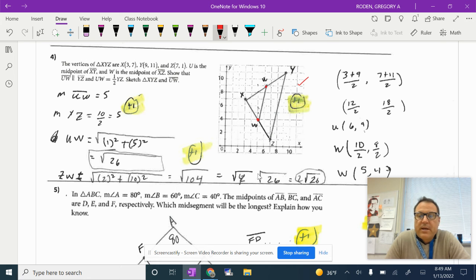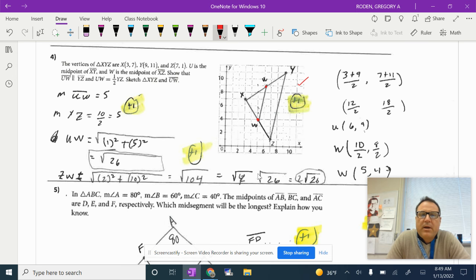Now, how do you get the other 2 points? The next thing you need to do is find the slope. The slope of UW is 5. From W to U, you rise 5 and run 1.